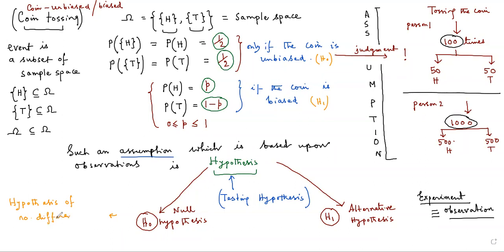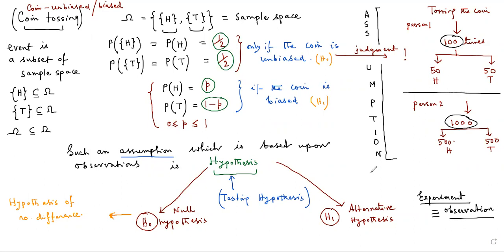It simply means that if I do the experiment many a times, then the outcomes of the experiment will have an equal chance of being selected. Okay, so there will be no difference between the probabilities associated with the outcomes. Such a hypothesis is called the null hypothesis.